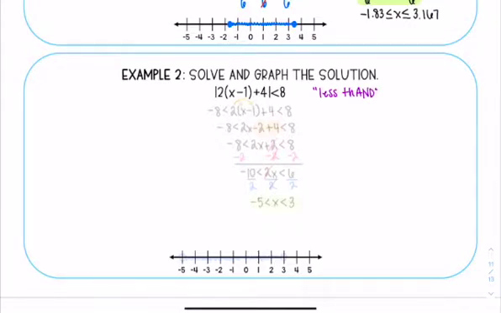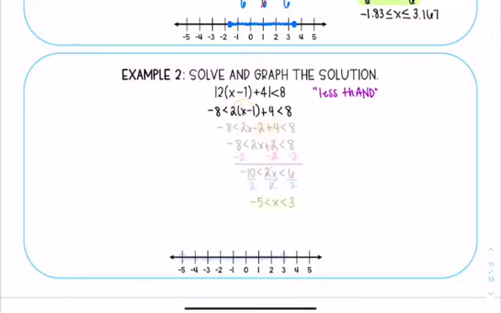So we're just going to do the same thing as we did in the first example. We're going to put negative 8 on the left-hand side. We're going to drop the absolute value and just put 2 times x minus 1 plus 4, and that's less than 8.